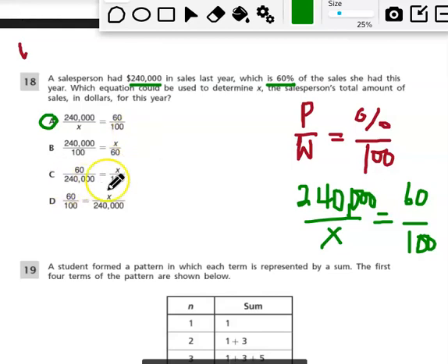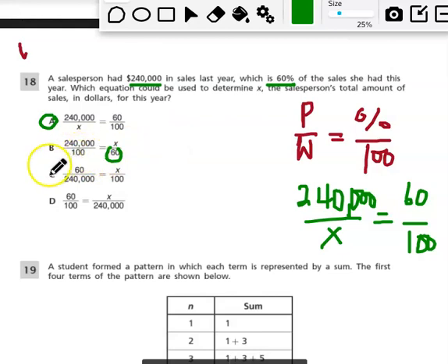If you look at letter B, 240,000 over 100, 240,000 is not the 100%. If this 60 goes here, then that is also correct. If that 60 goes under 240,000, then that's also okay.